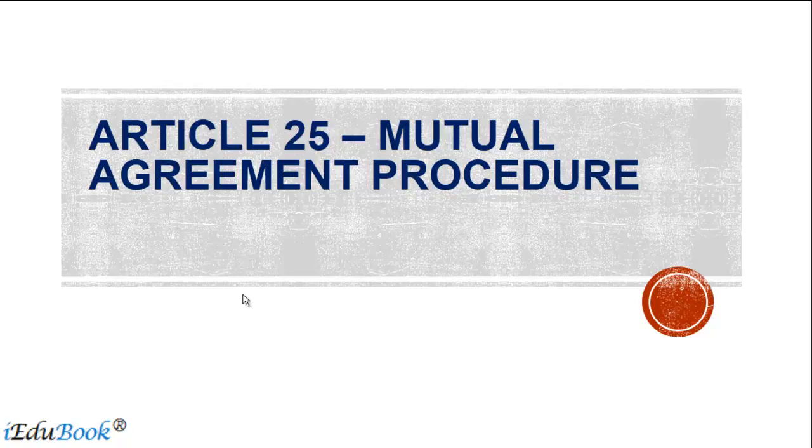So now let's understand about Article 25, which deals with mutual agreement procedures. Now, a treaty is kind of an agreement between two countries, let's say India and USA, right?